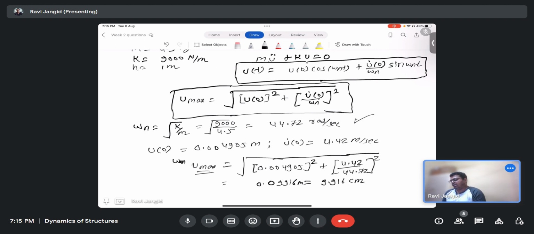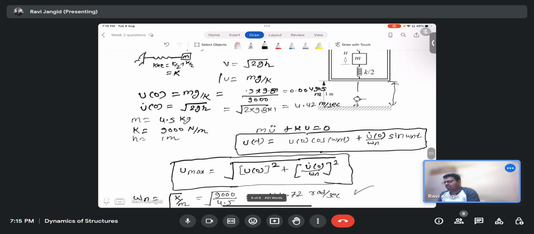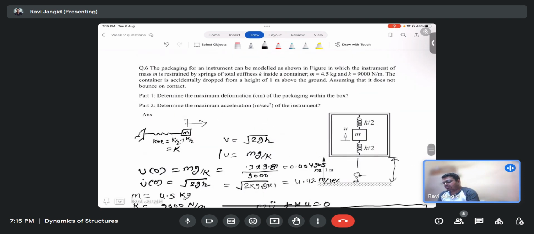Okay, now you have the u maximum. So can you find out the maximum acceleration?